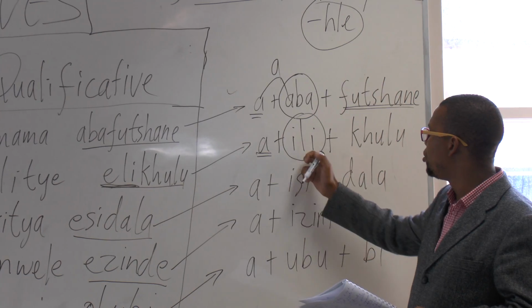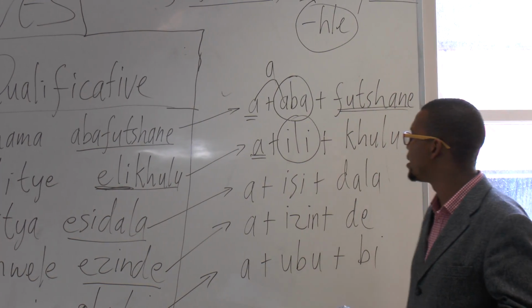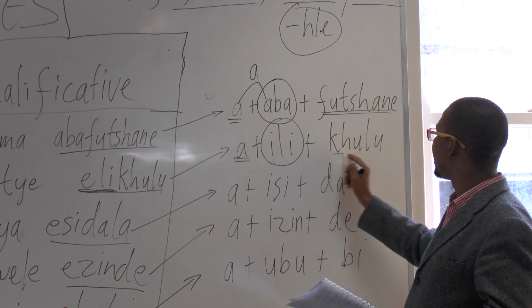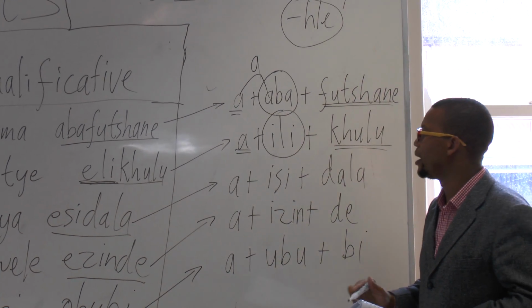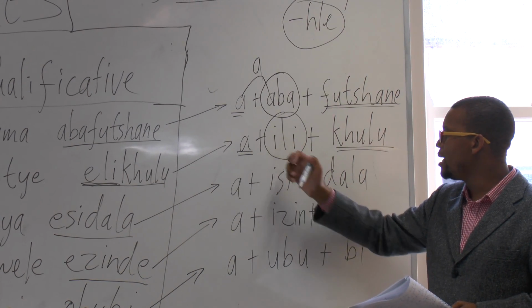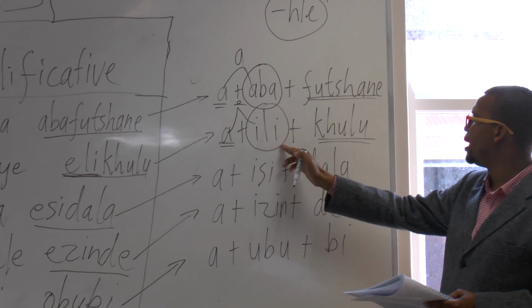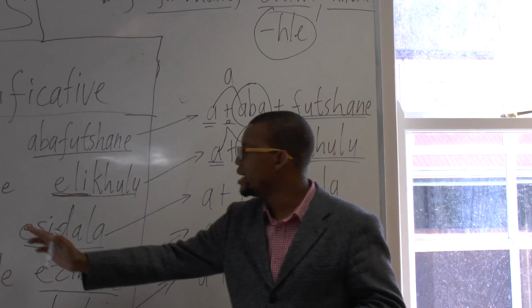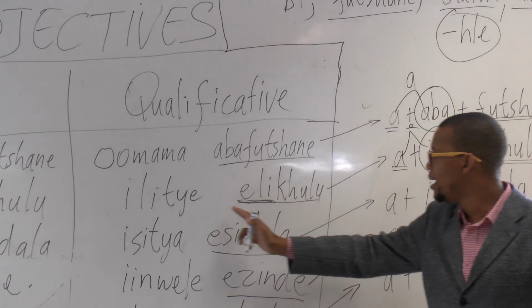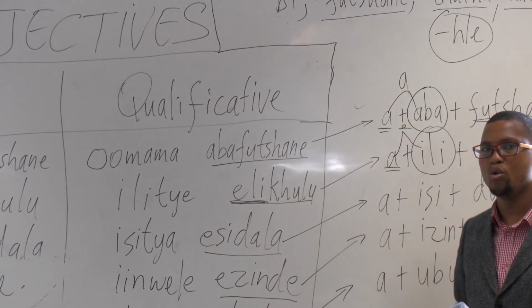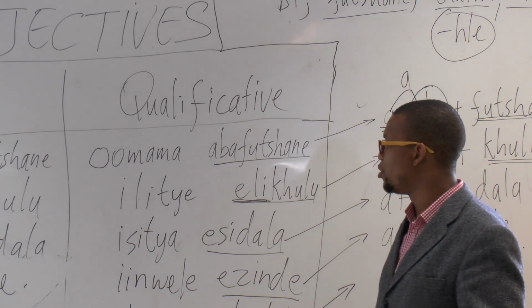Please make sure that you put the whole prefix, you don't forget that. A plus ili plus the actual adjective. And then A plus I gives us E, if you remember. And then the li kulu goes on, and then we get ilike elikhulu.